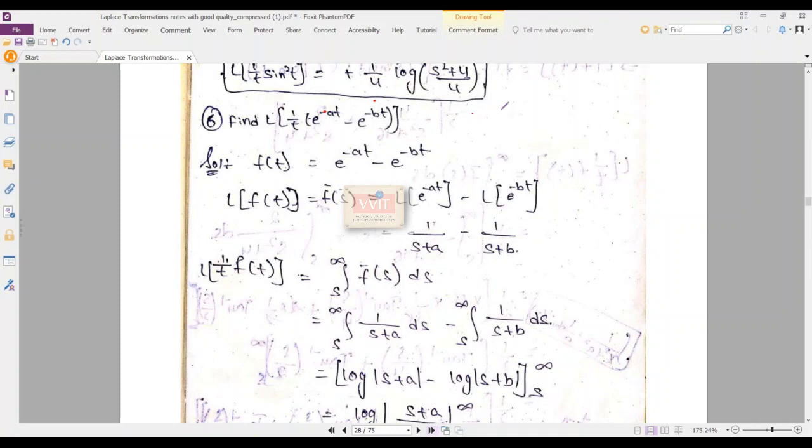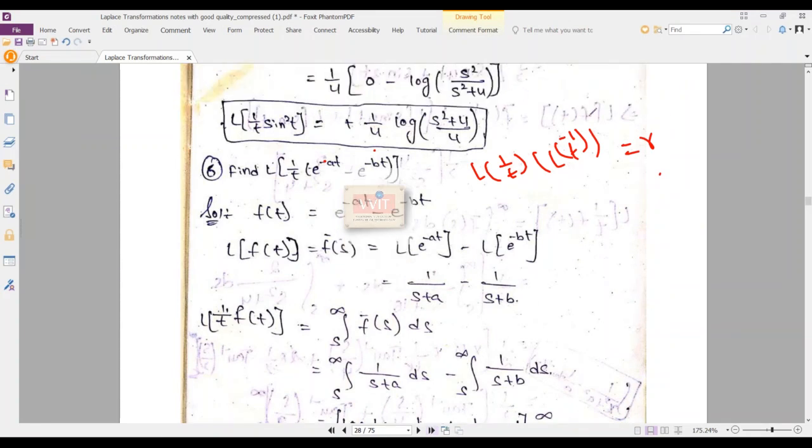Then L of 1 by t. Suppose the earlier logic may not be helpful for you here. L of 1 by t, what can I write here? L of 1 by t means if I write this as L of t power minus 1, as per the formula gamma of n plus 1 by s power n plus 1, in place of n there is minus 1, so gamma of 0 by s power 0.